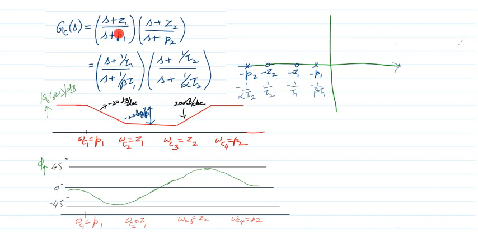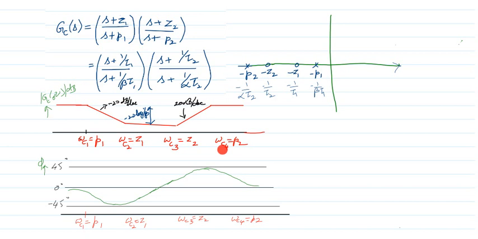First the denominator will function, so after omega P1 it will cause minus 20 dB. Then after Z1, the numerator will start functioning, so minus 20 plus 20, the net result is 0 dB. Then after Z2, this numerator will function, so it is plus 20 dB.